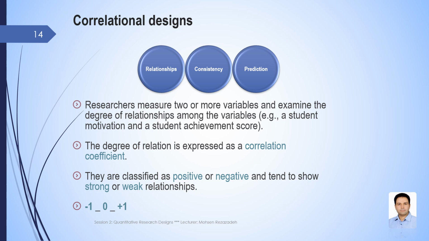In fact, unlike causal comparative designs, in correlation designs, we do not show causal relation. Correlational research is more likely to explore relationships among variables that are continuous, in fact. So there is a major difference between causal comparative and correlational design.